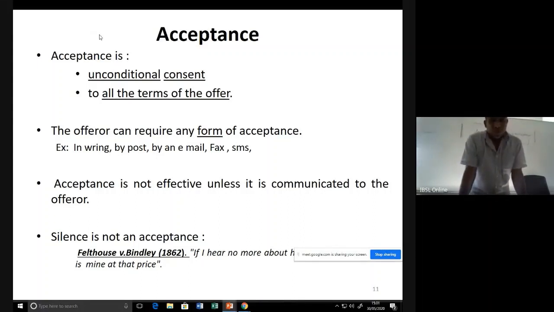If you have any questions, you can ask before the session starts or even during the session. Time to time I ask whether you have any questions, because unless you understand the legal principles, there's no point just covering all these lectures unless you study.